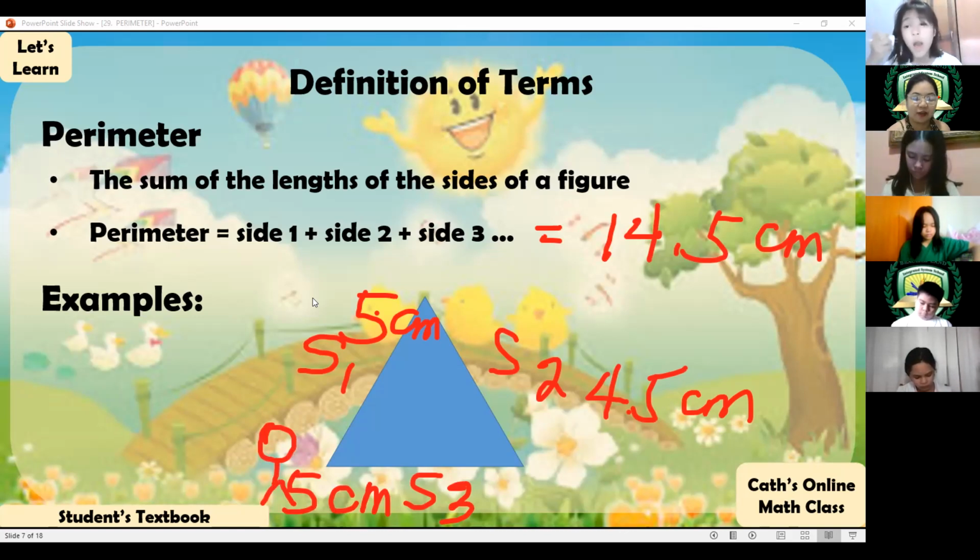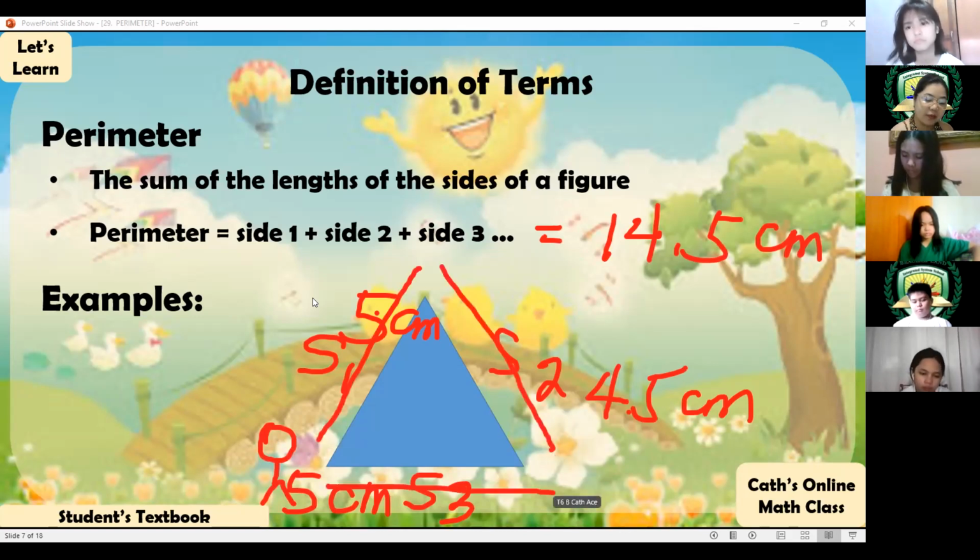Kunyari parke to. Ilan kayang meters ang matatakbo mo hanggang sa start? So, gawin nating meters yan. Ang matatakbo mo ay 14 meters. You understand? Yes. Okay.